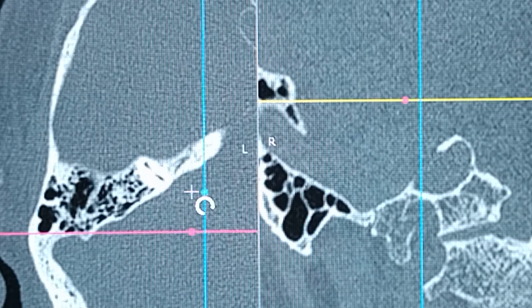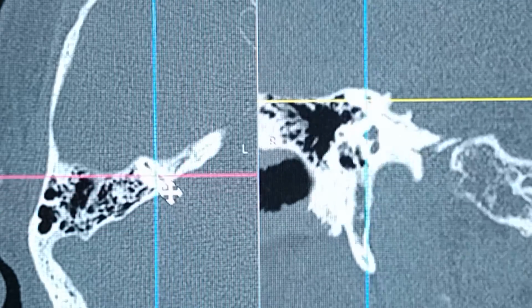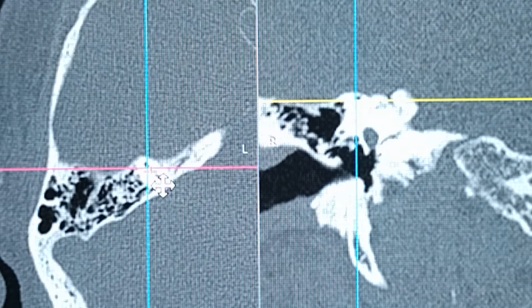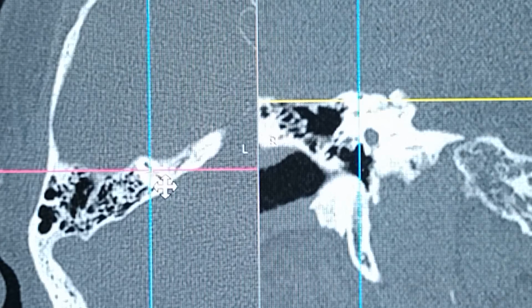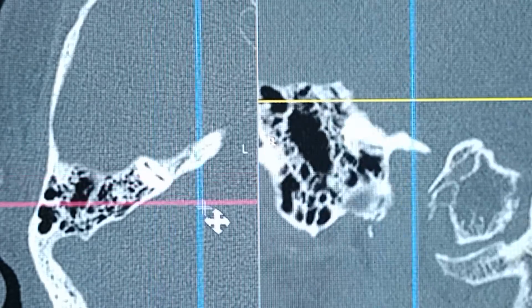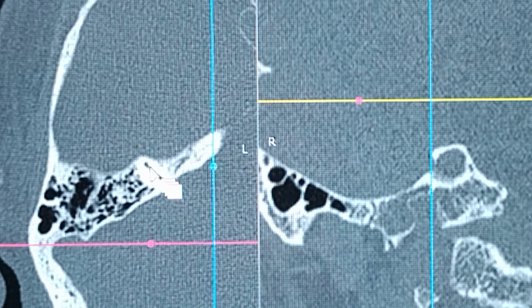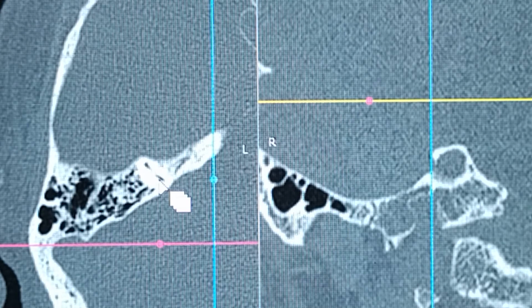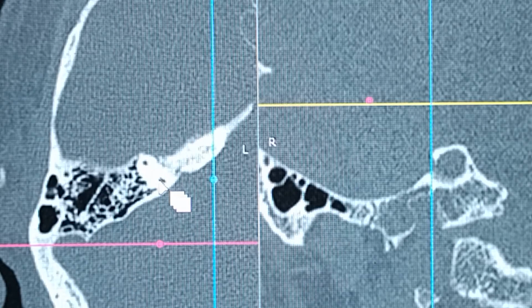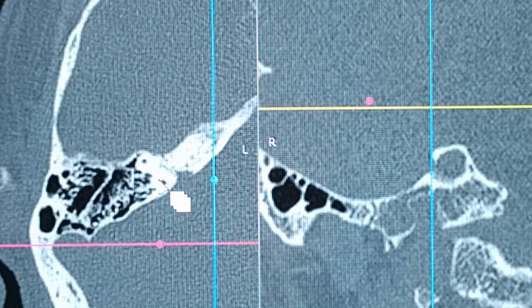If I keep my navigation on that, you can see this one on the coronal scan, and this one on the coronal scan. So this becomes the anterior, and this is the posterior end. Now keep close attention as I'm going down and down.